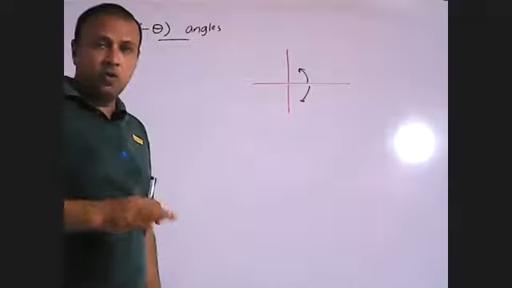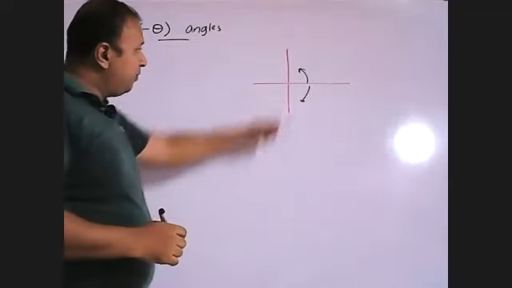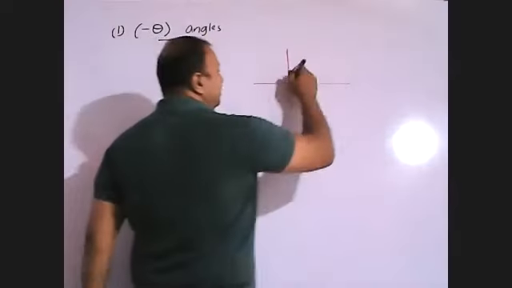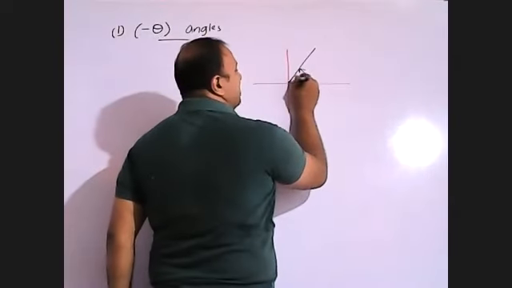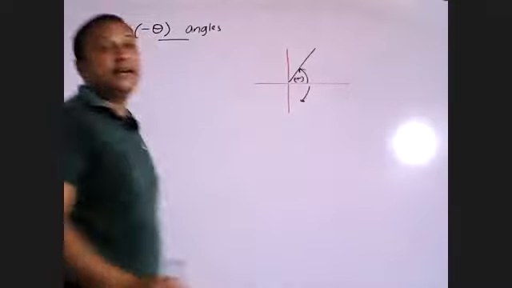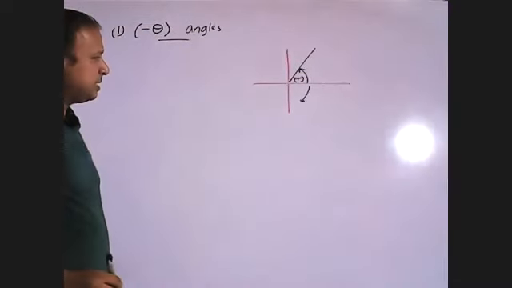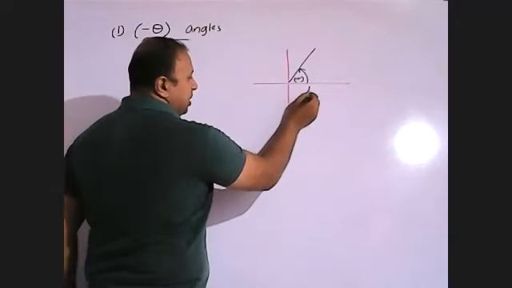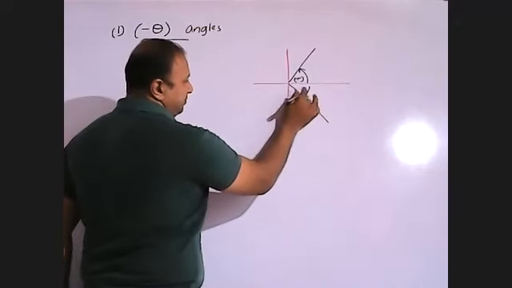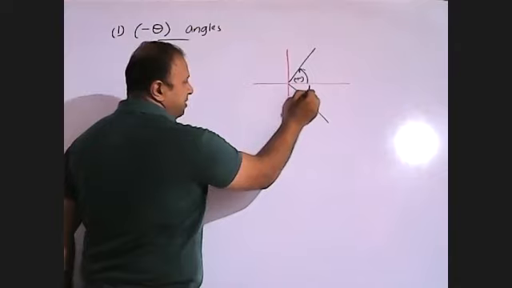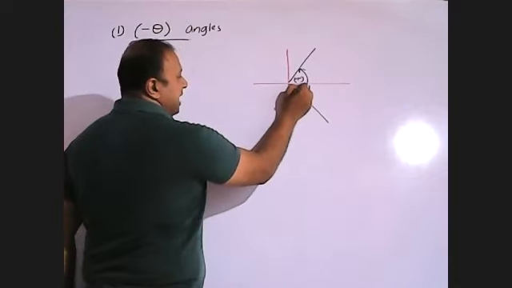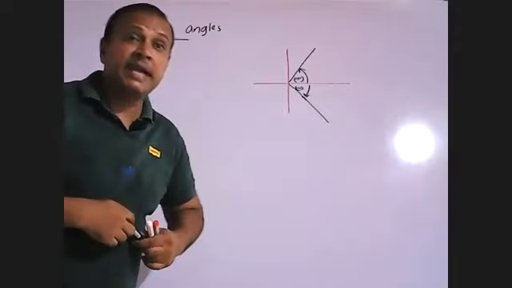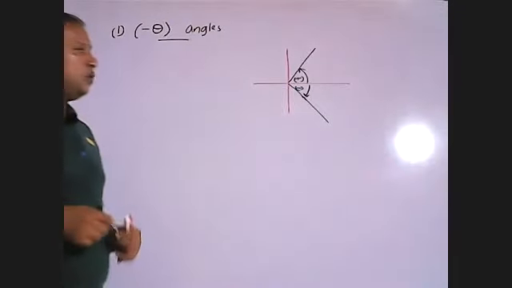Normally, as a rule, if the rotation is in anti-clockwise direction, these angles are called positive angles. But if the rotation is in clockwise direction, that means this direction, these angles are said to be negative angles.